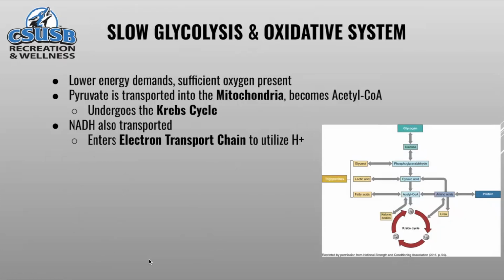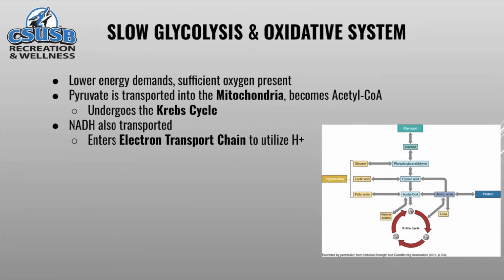All right, so moving from fast glycolysis to slow glycolysis in our oxidative system. Again, slow glycolysis is our aerobic glycolysis, so we're going to be looking at our oxidative system now. These are for lower energy demands, less intensity, and when we have sufficient oxygen present.